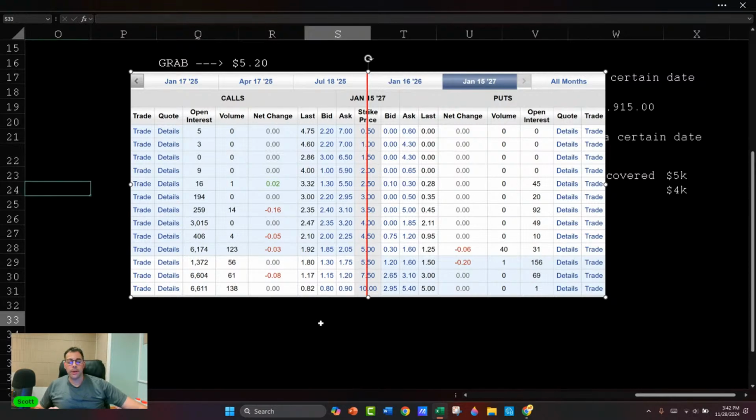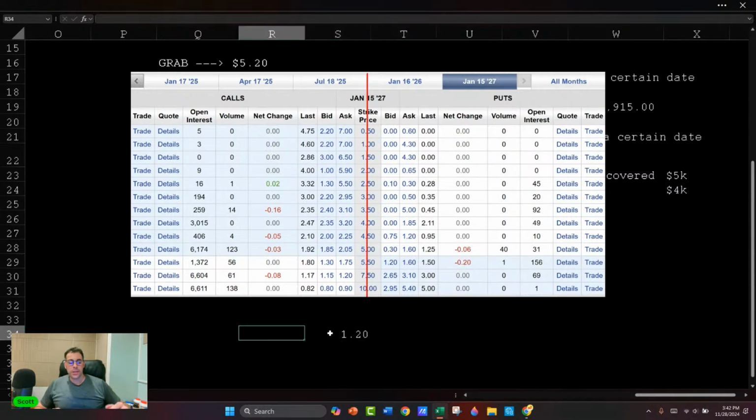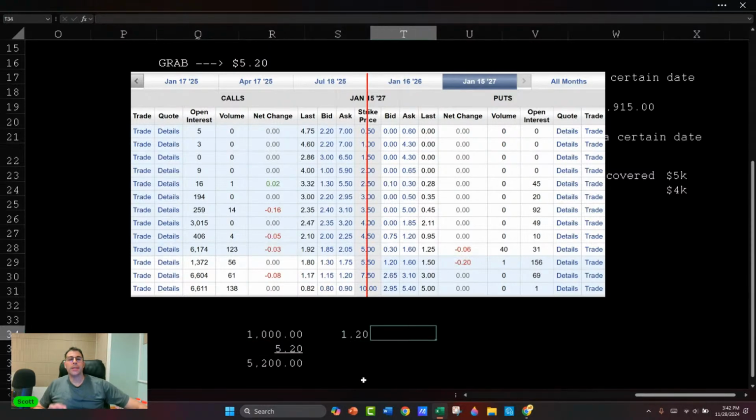So say you got the full $1.20, and if you owned 1,000 shares, so that's your value, $5,200 worth of stock. So you can sell 10 covered call contracts at 750 strike. So this times 100 times 10.